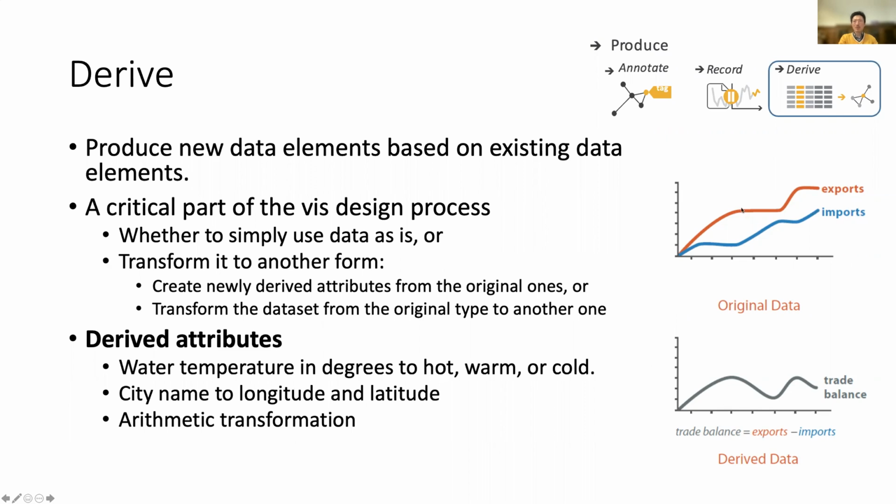So what you're really interested in is the difference between these two. If you take export minus import, that will be the net export or trade balance. If that's the thing you're actually interested in, you might plot the difference between the two rather than show these two lines separately.